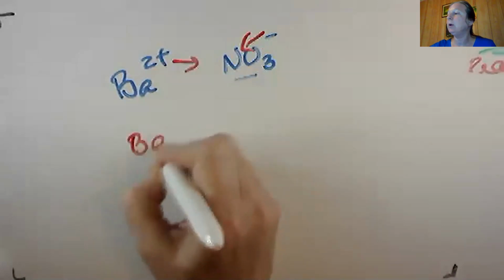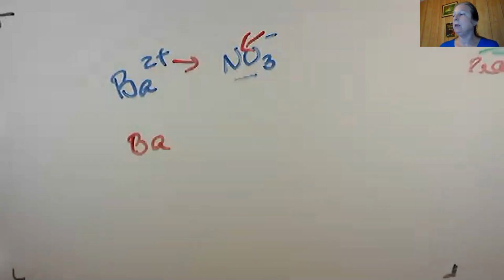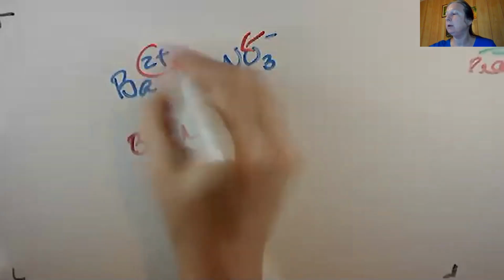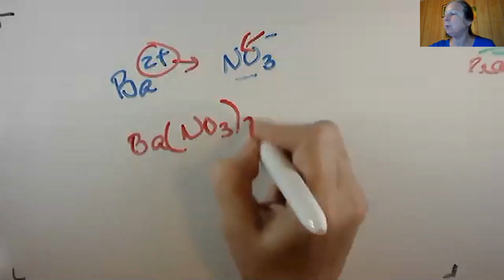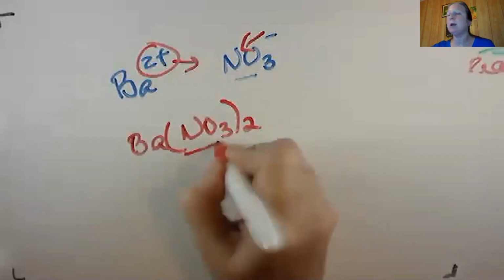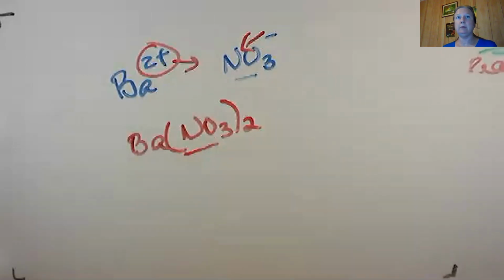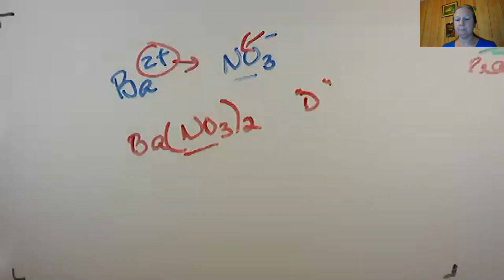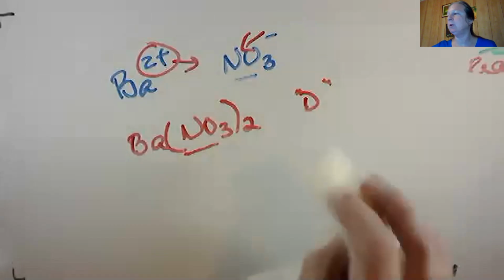So barium, I only have 1. But my nitrate, I'm going to have 2 of, right? So you have to put it in parentheses because you have 2 of this entire unit. So that would be D on the slide. And again, this can't be broken down any simpler.